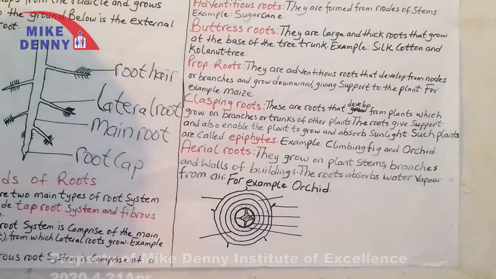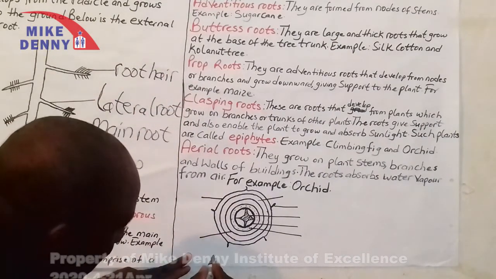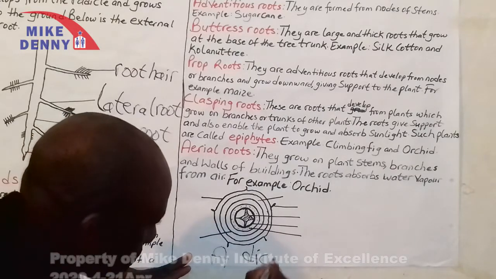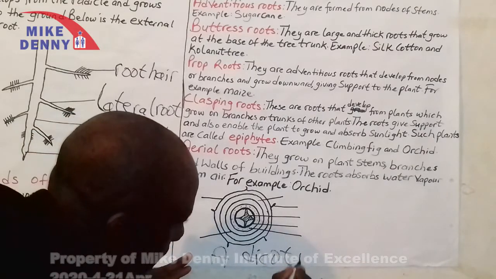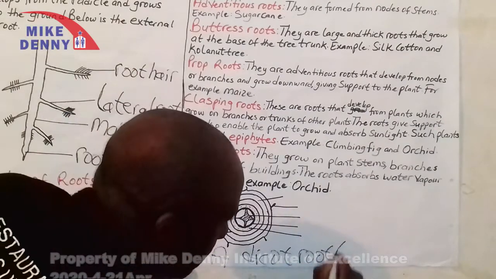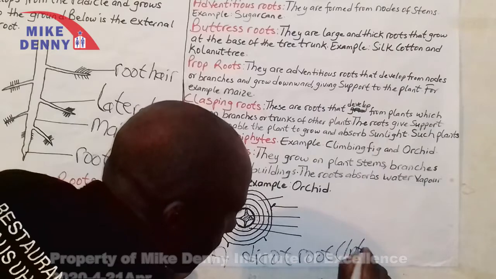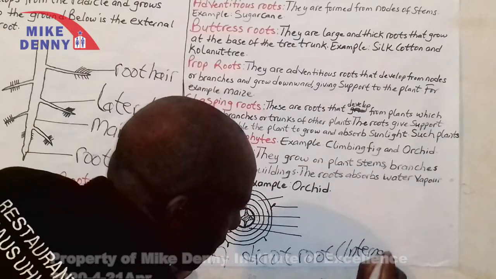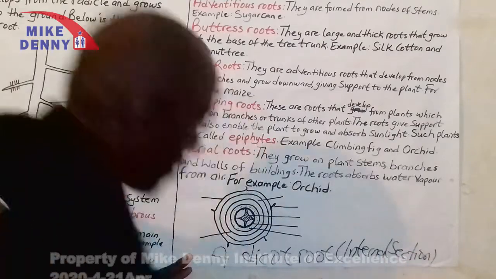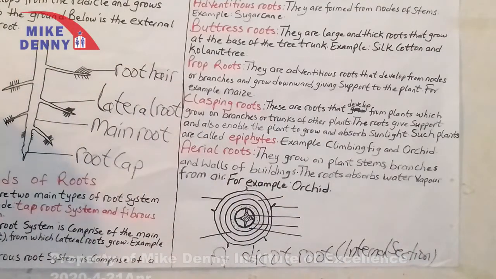Can you give the person a clap? He says a dicot root. So this is the section of a dicot root, the internal section. We'll try to label these parts of the dicot root.